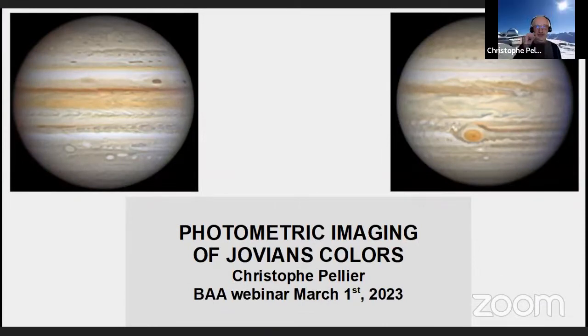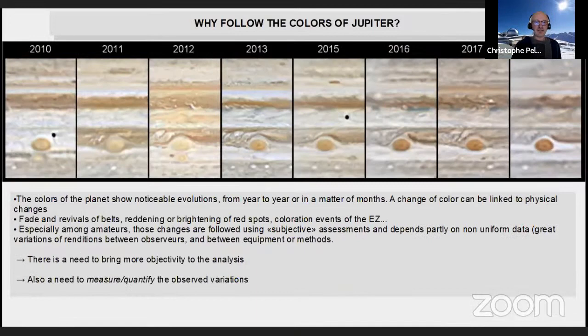So we are going now to talk about jovian colors. And the question is, why is it necessary or interesting to follow the colors of Jupiter? Since the colors of the planet show noticeable evolutions from year to year or in a matter of months. And a change of color can be linked to physical changes.